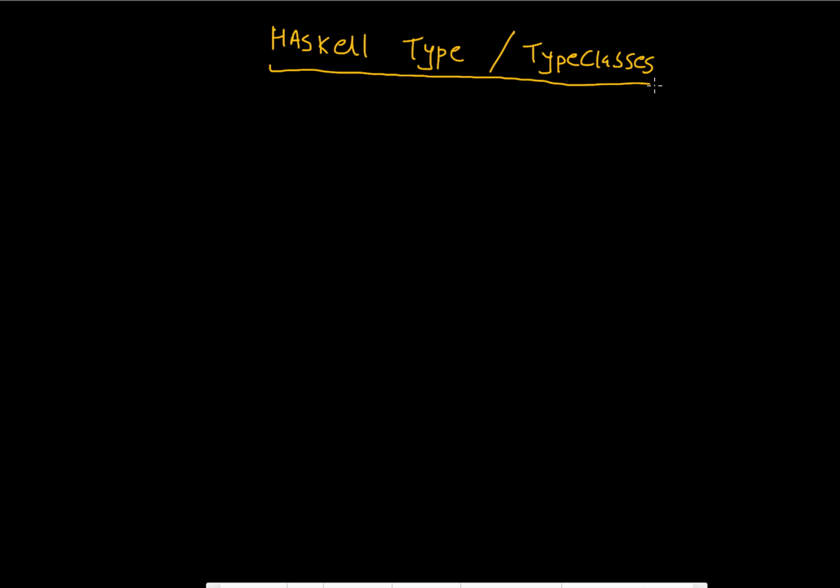What we're trying to do today is look at Haskell's types and some of the types available in Haskell, and more specifically the type classes that are some of the standard type classes in Haskell.